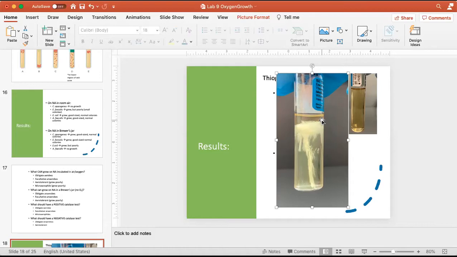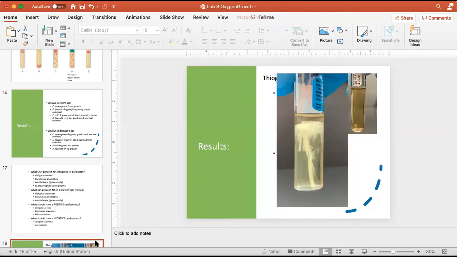There are no cells growing way up at the top of that tube, are they? It's clear up there. So again, if I think about my oxic zone right here, this is an organism that can grow in oxygen, but it appears to grow in the lower portion of that oxic zone. Okay, so we've got Enterococcus faecalis growing in lower amounts of oxygen, and the rest of the tube.